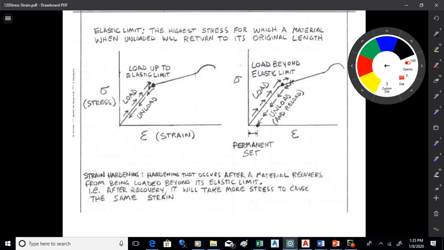So if you go up to that elastic limit and then unload, it'll come back to the original length. That's beyond the proportional limit, just slightly. But once you go beyond the elastic limit and unload, it won't return to its original length. It'll have what's called a permanent set in it, where the length will be slightly elongated from the original length.